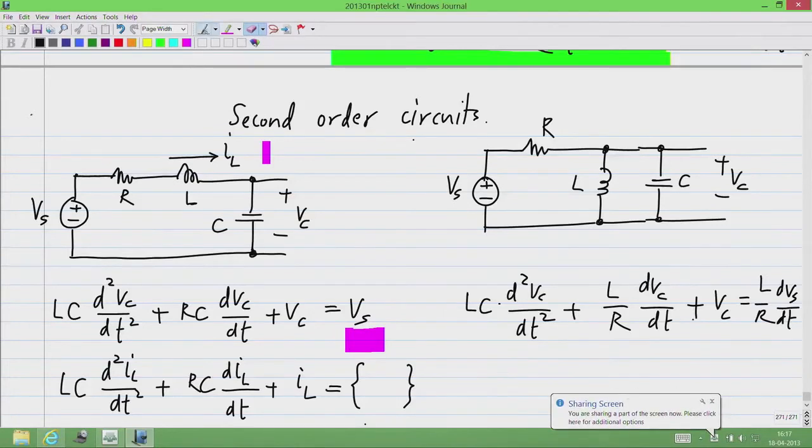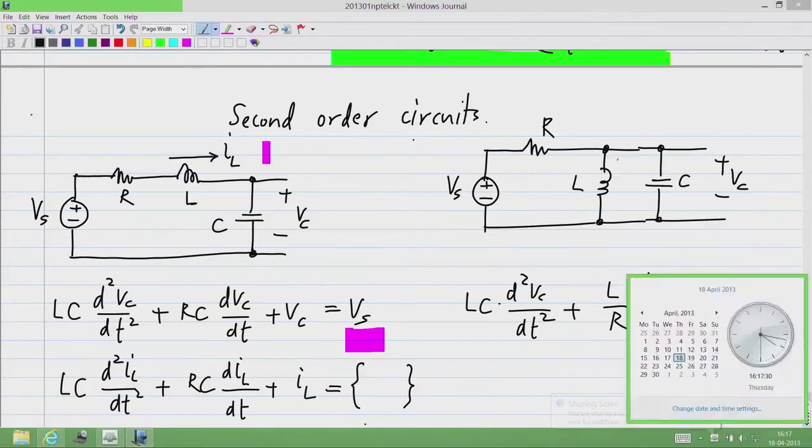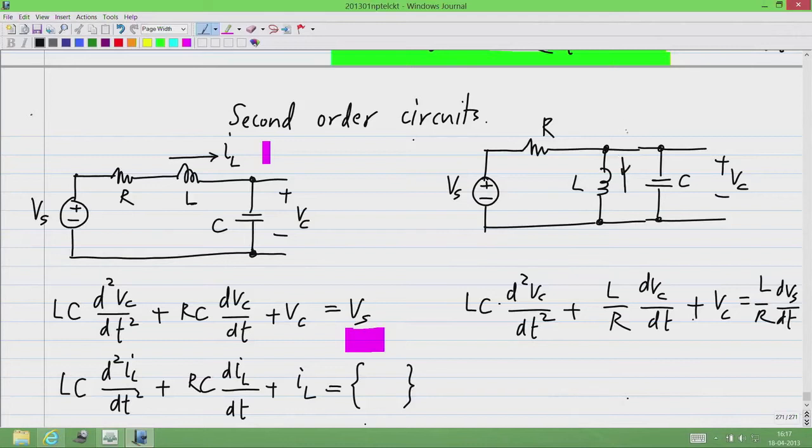So, if I choose some other quantity as a variable, let us say the inductor current IL, again as before I will get the same equation on the left hand side.